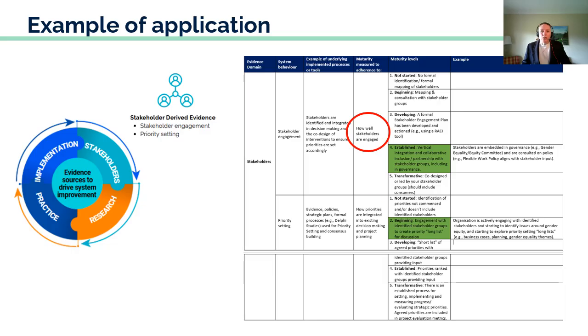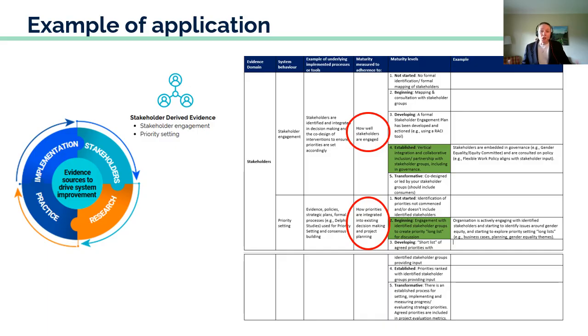And then when having a look at the other subcomponent, looking at priority setting, here the prompt question is around, well, how are priorities integrated into existing decision making and project planning within the organisation?